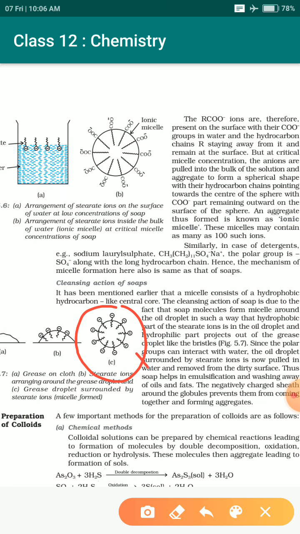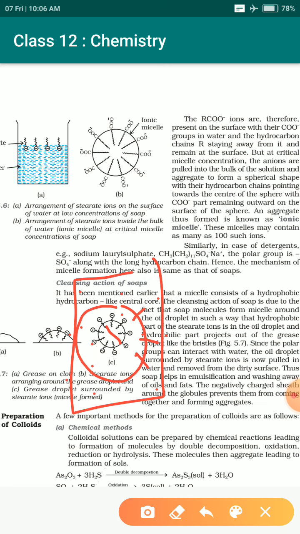That will be facing outward, toward the water. Suppose there is full of water here, this will be facing out to the bulk of water, and the hydrophobic part will be facing inside into a particular substance, so that it won't come in contact with the water.